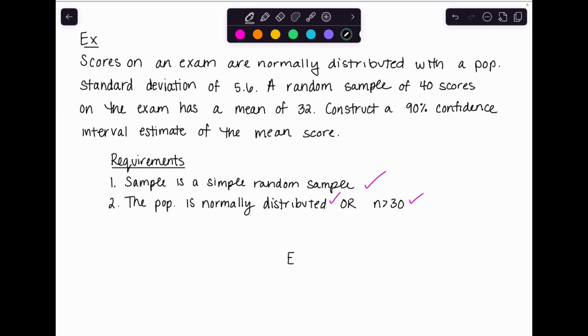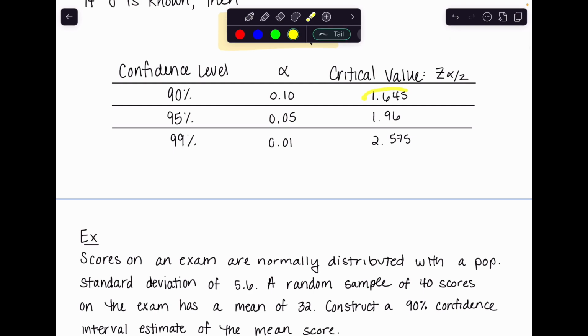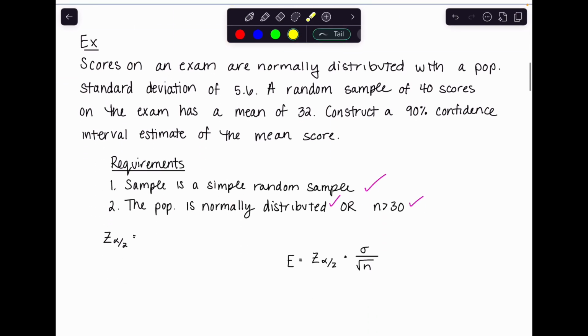So in this case, my value of E is going to be my critical Z value multiplied by sigma divided by the square root of n. So this critical Z value, we already know because we want a 90% confidence interval. So that gives us a critical Z value of 1.645.